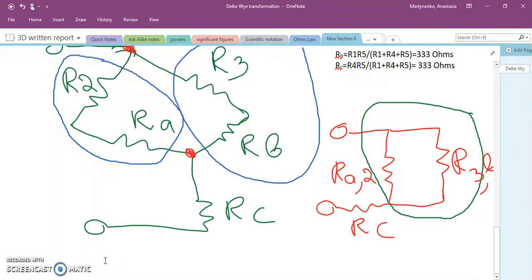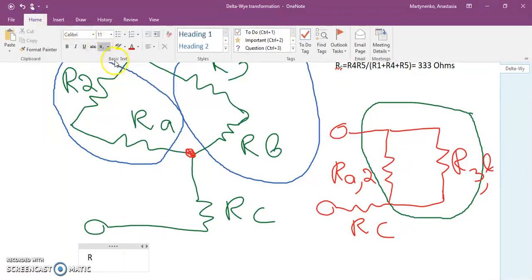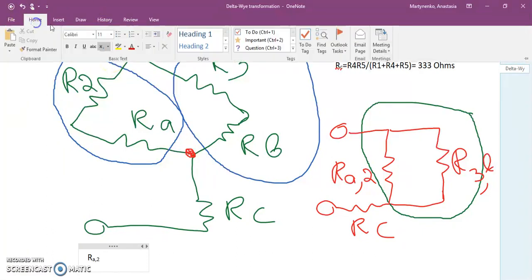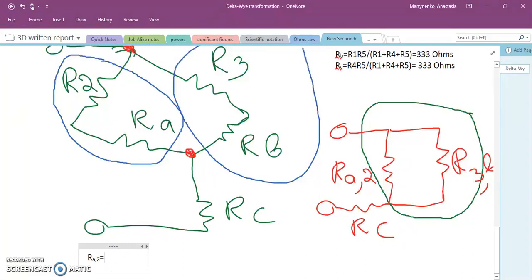What is my RA2? My RA2 is just my R2 plus my RA.